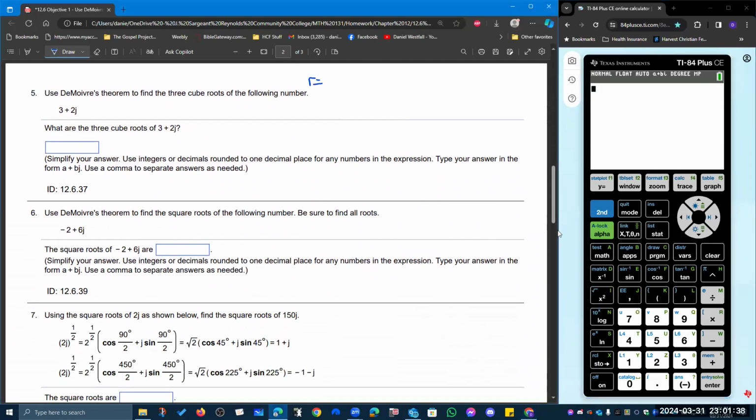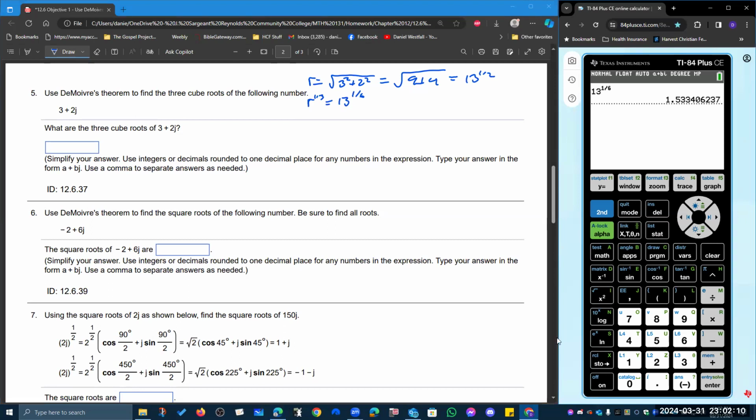R is going to be the square root of 3 squared plus 2 squared, the square root of 9 plus 4, which is 13 to the 1/2 power. I'm just going to leave it like that. And then r to the 1/3 power is going to be 13 to the 1/6 power.